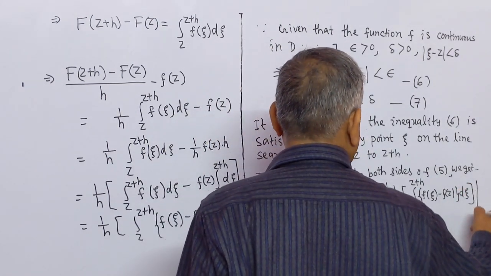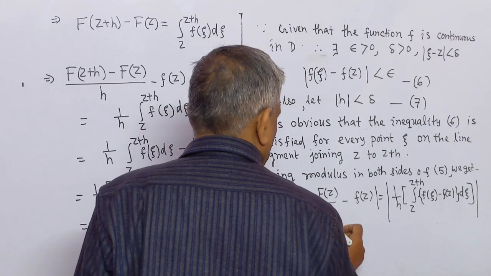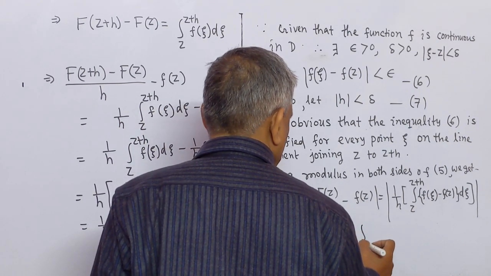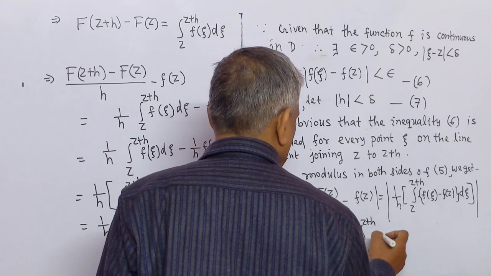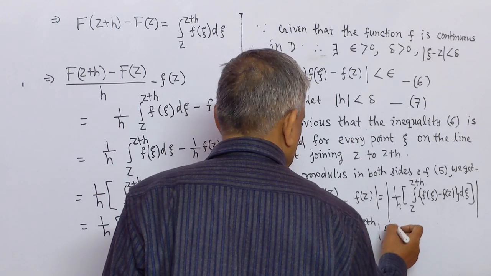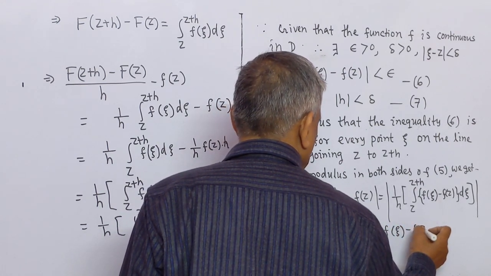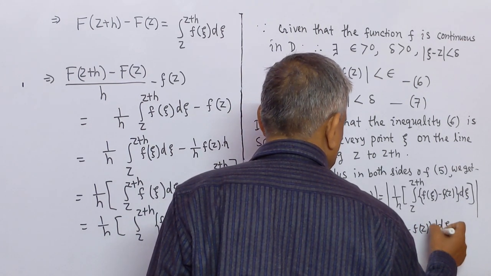This is less than 1 by modulus of h times the integration from z to z plus h of modulus of f(xi) minus f(z) times modulus of d xi.